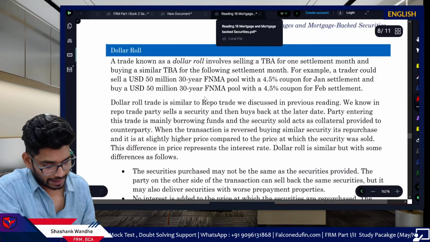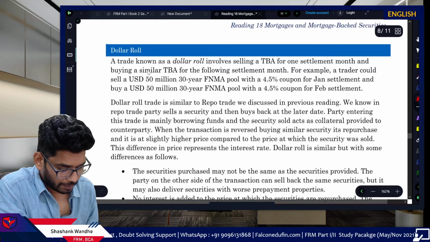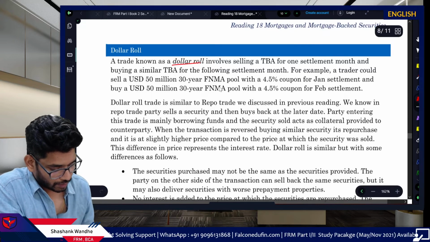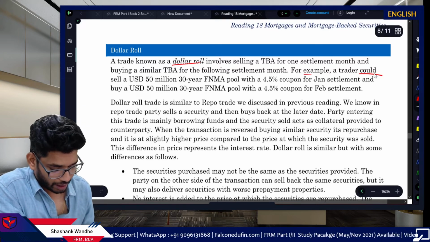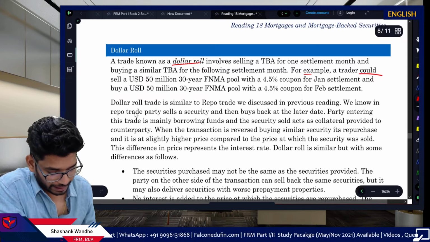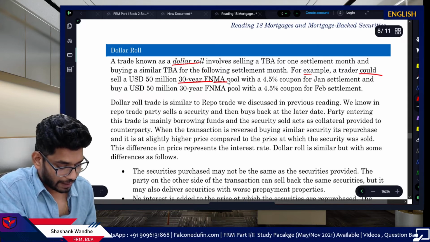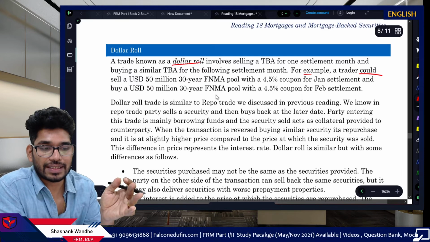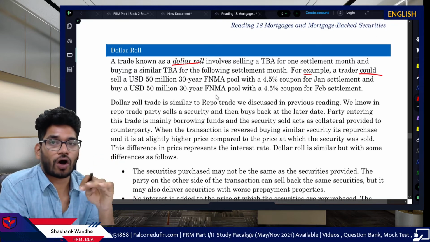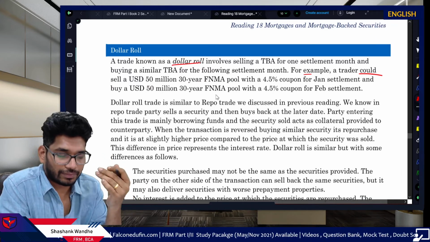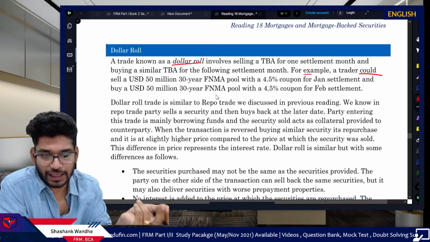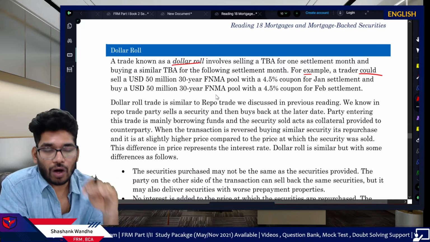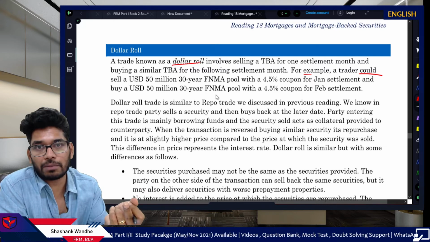So let's see with the example. This is similar to the GARP's example. Okay, so for example, a trader could sell USD 50 million 30-year FNMA pool. Why are we mentioning agency here? Because remember, TBA is applicable for the agency MBS, and dollar roll is only and only applicable for TBAs.